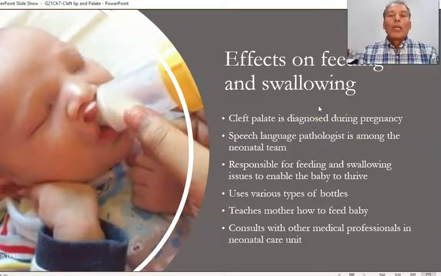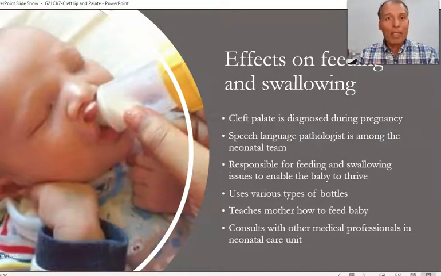So the effects of cleft lip and/or palate are extensive. First, physicians are able to diagnose cleft lip and palate before birth, so they know that this baby is going to be born with a cleft, and as a result, they prepare the neonatal care unit. You are going to have a speech language pathologist from day one.